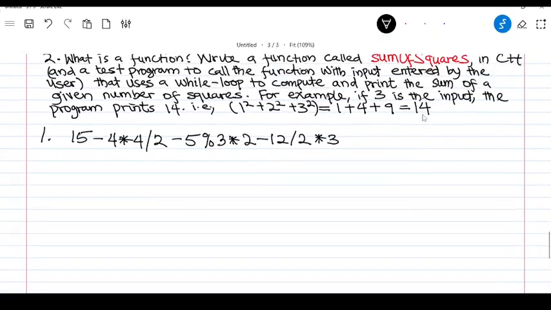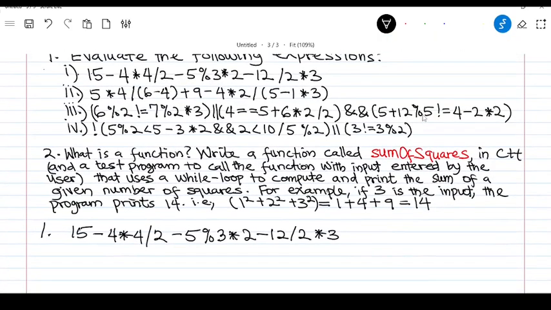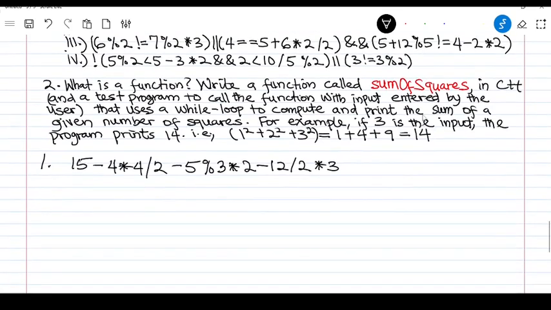Let me be sure that I'm actually on the same page: 5 minus 4 times 4 divided by 2 minus 5 modulo 3 times 2 minus 12 divided by 2 times 3. Yeah, so we are correct.